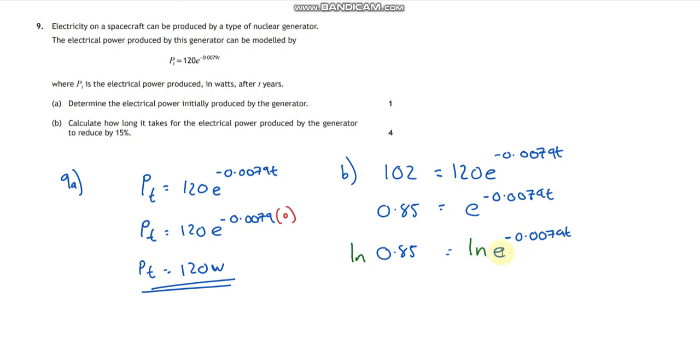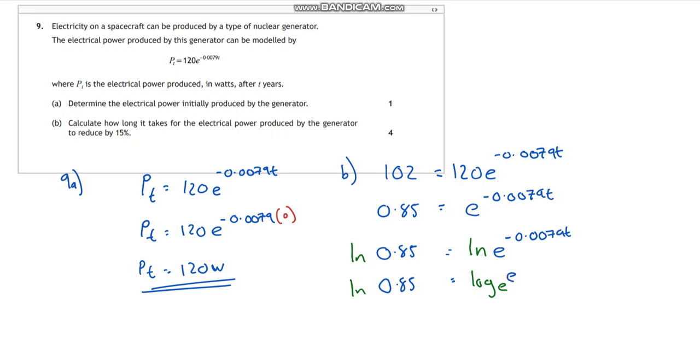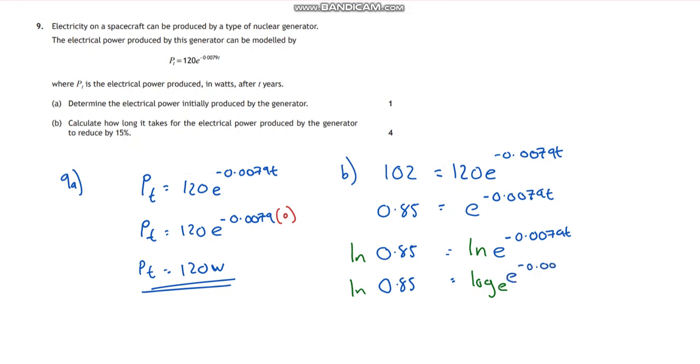Now, the natural log helps us use our log rules, but it helps us effectively cancel out this e here. So if I've got the natural log of 0.85 over here, the natural log is saying log base e of e^(-0.0079t). You don't have to write this line. I'm just going to show you what that means.